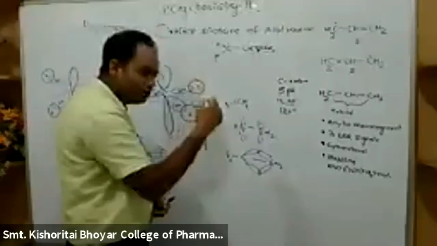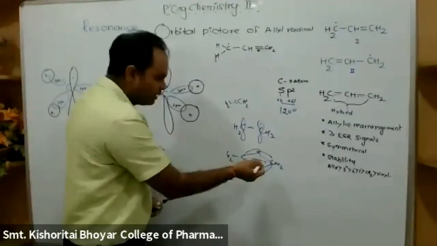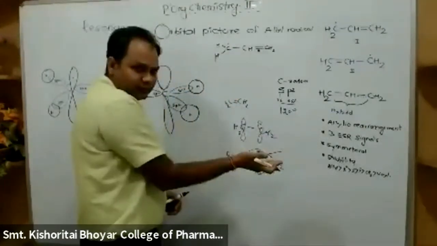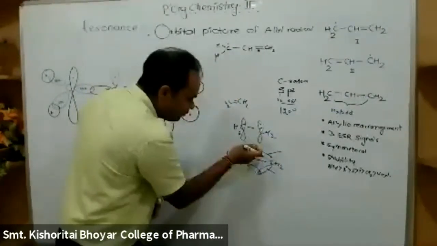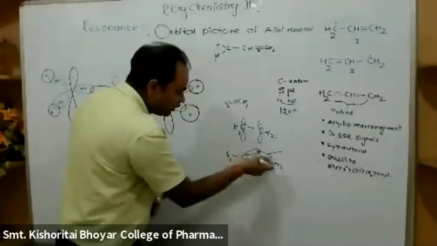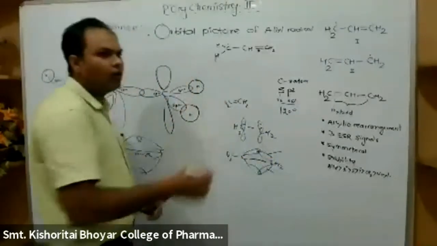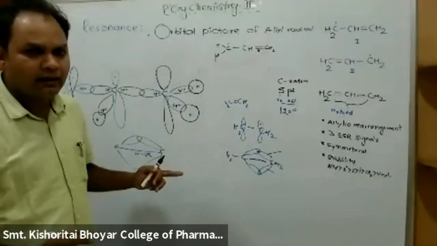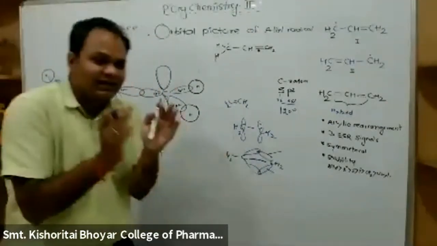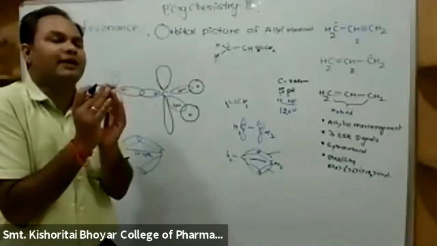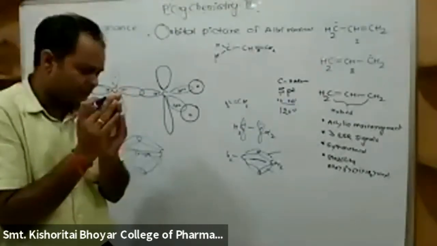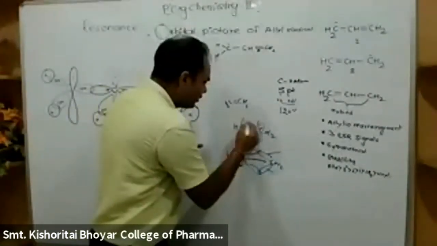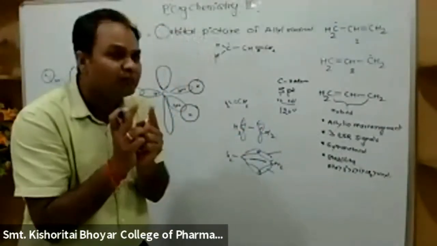The additional bond, the pi bond, is formed due to the overlapping of this p orbital, and this pi cloud is present above and below the plane, or you can say above and below the sigma bond. Clear?